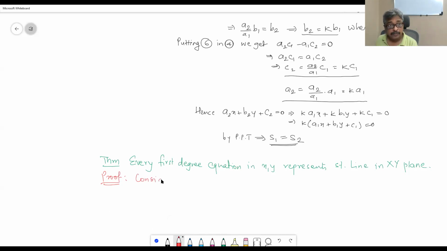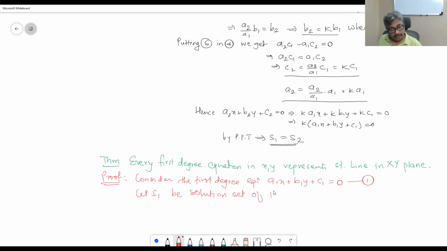Consider the first degree equation A1x plus B1y plus C1 is equal to 0. Let S1 be solution set of 1.